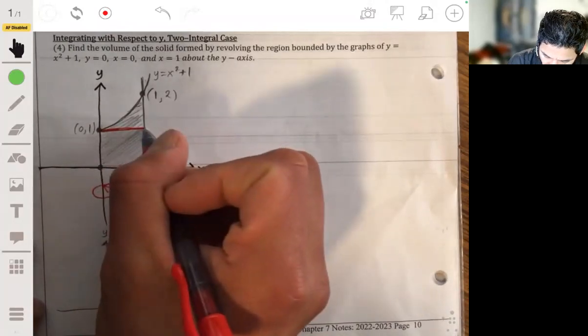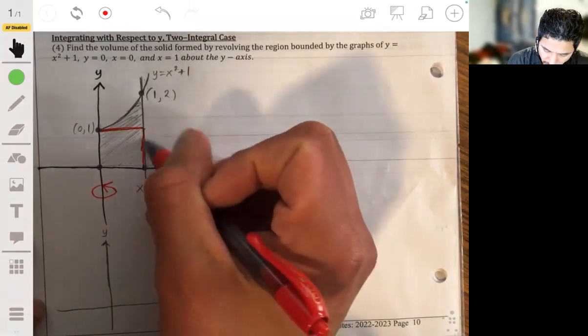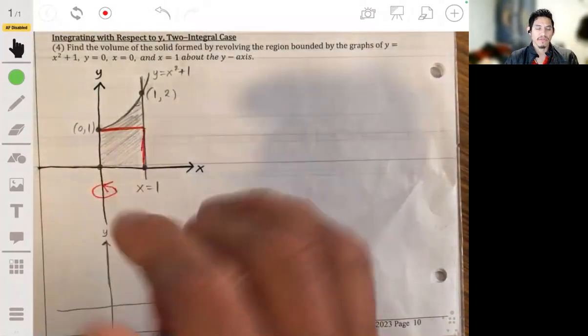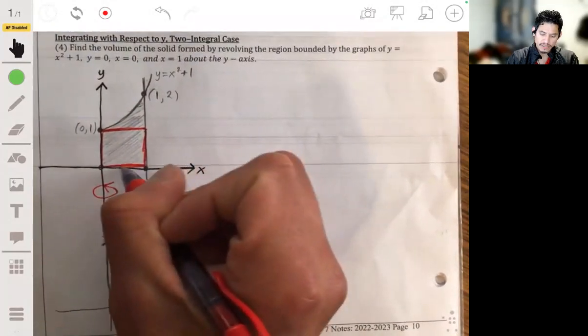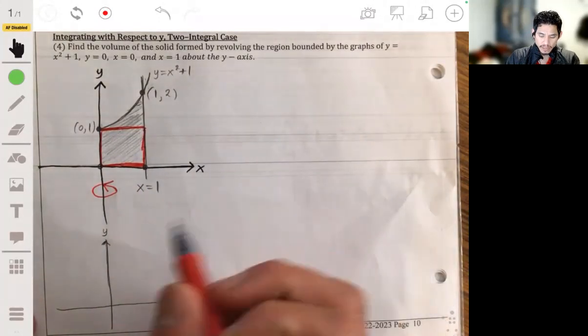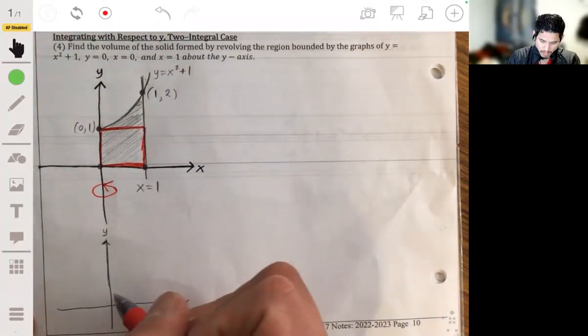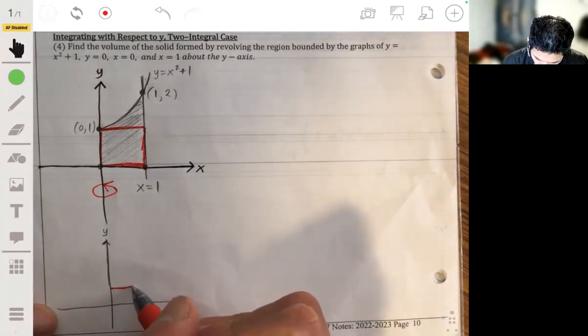So let's just first think about if our integral only covered this red square. If we revolve that red square about the y-axis, then you're simply going to have a cylinder, right?